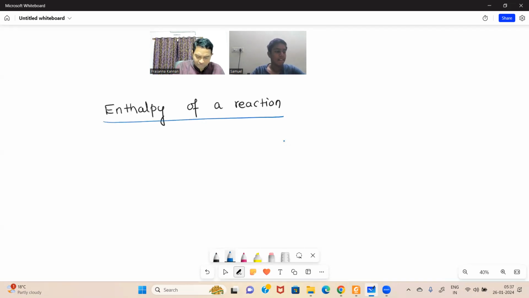If you look at all these definitions, although they look like they are different, they're all one and the same. You will understand that. There is only minor variation in the way you define them. So what is enthalpy of a reaction?